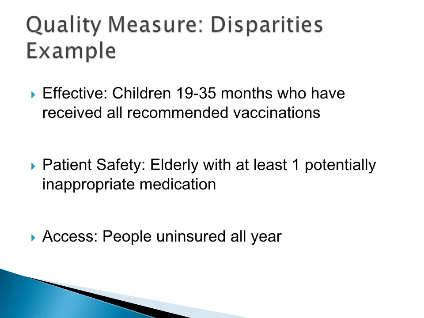But one of the things that I'm passionate about is eliminating health disparities, and here are some examples of health disparities. Effectiveness: the children aged 19 to 35 months who have received all their recommended vaccinations. Patient safety: again, the elders with potentially inappropriate medications. And then the percentage of people who are uninsured for an entire year.